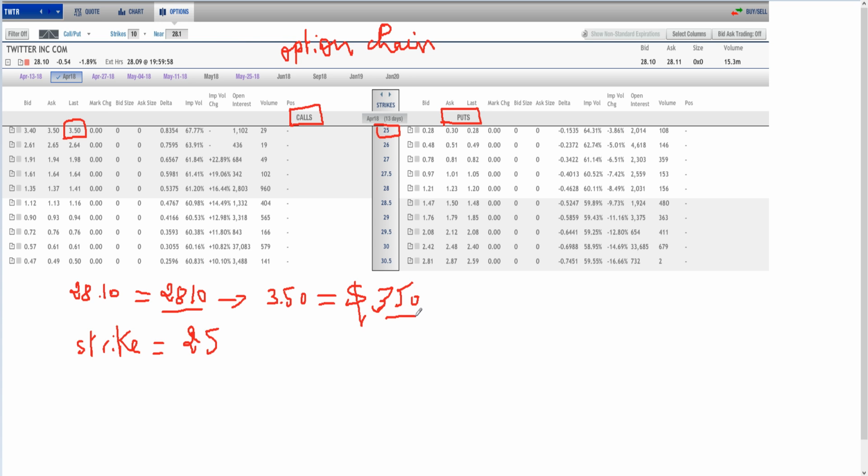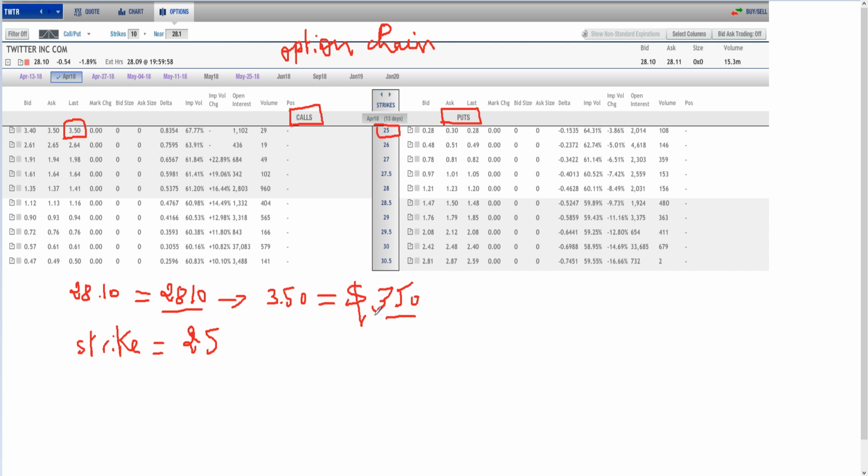If you want to buy at the $25 strike price, you will be paying $350. It is expensive because you are buying from the past, when the stock was at 25. That's why you are paying $350.